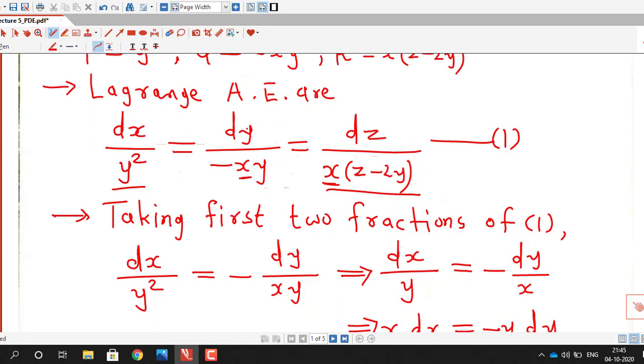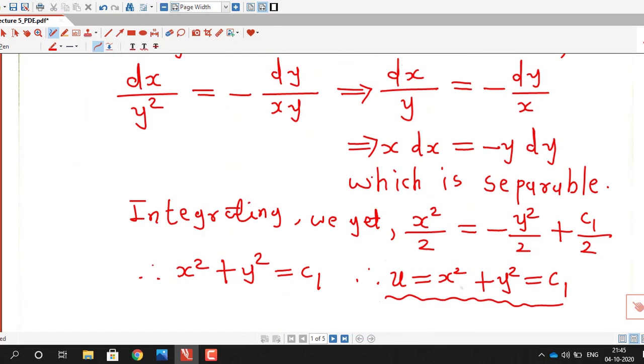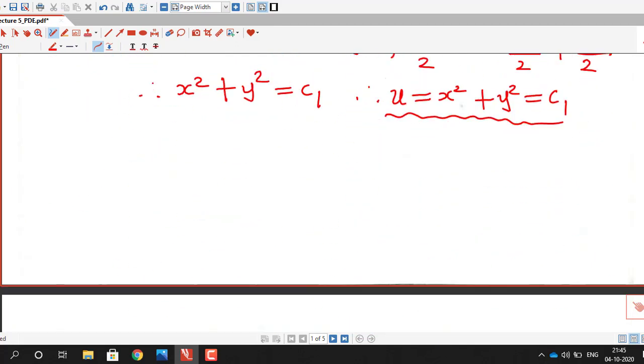So by comparing the first two fractions, we are able to write down the function u. Now we take the second and third fractions, and as we can see here, x will cancel out. So we will write minus dy upon y equal to dz upon z minus 2y. So the next step is taking the last two fractions.